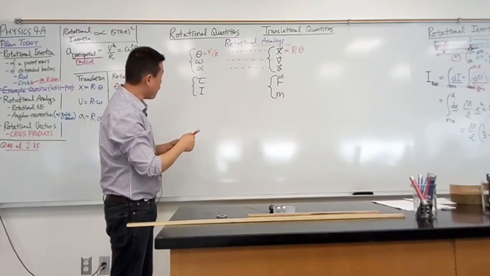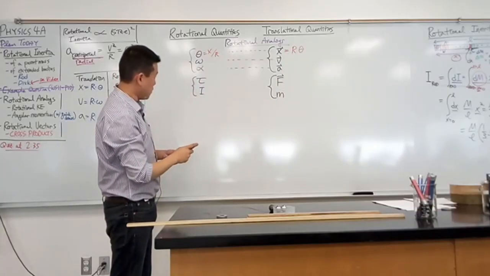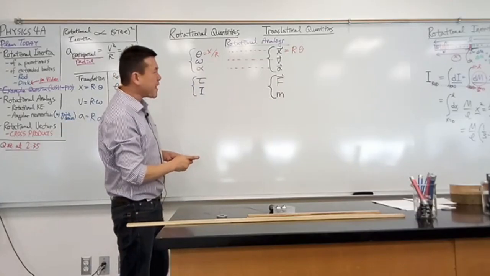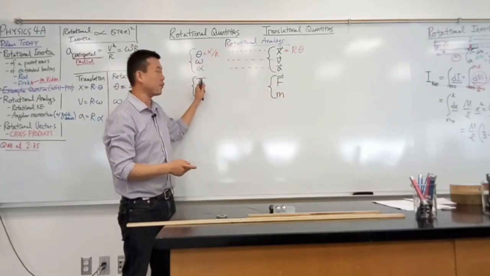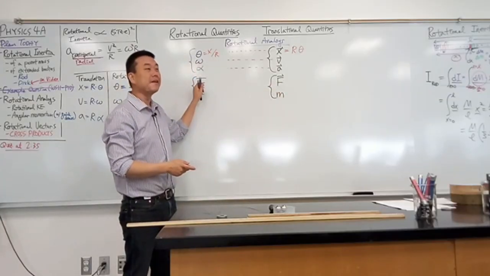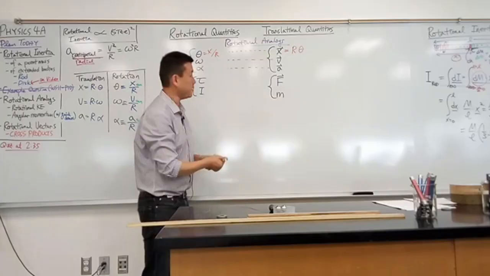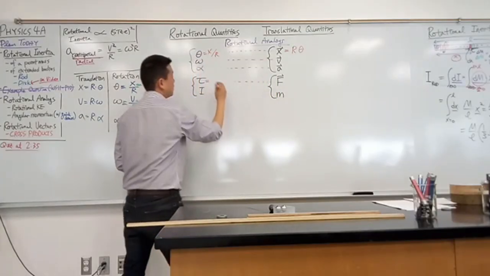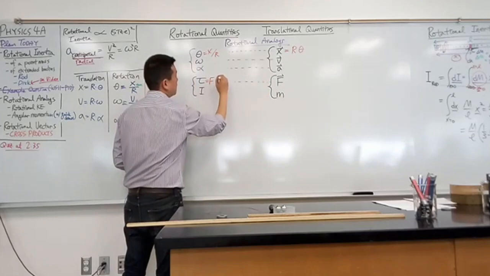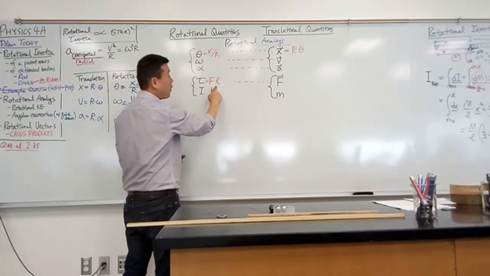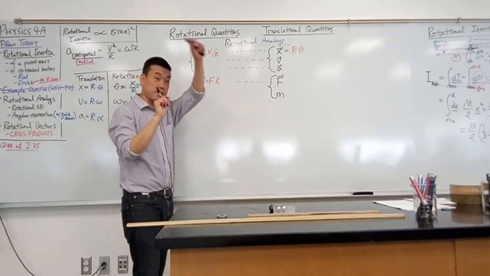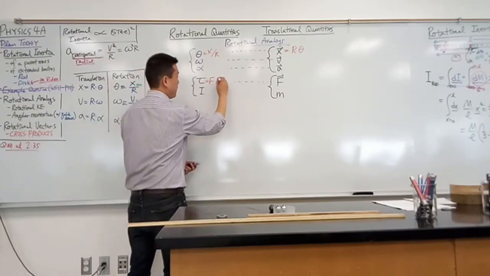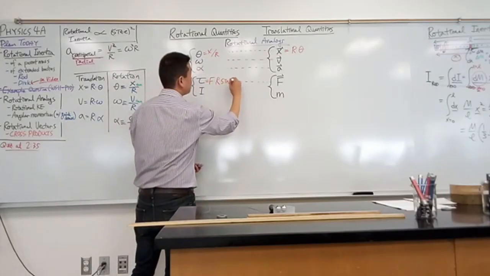Let me write it down for force and torque. We don't actually describe force in terms of torque. That seems backward. Force is the basic quantity, and from force we can write down torque is force times some displacement, or r, the radius of the circle that you imagine the point to be moving in, times sine theta.